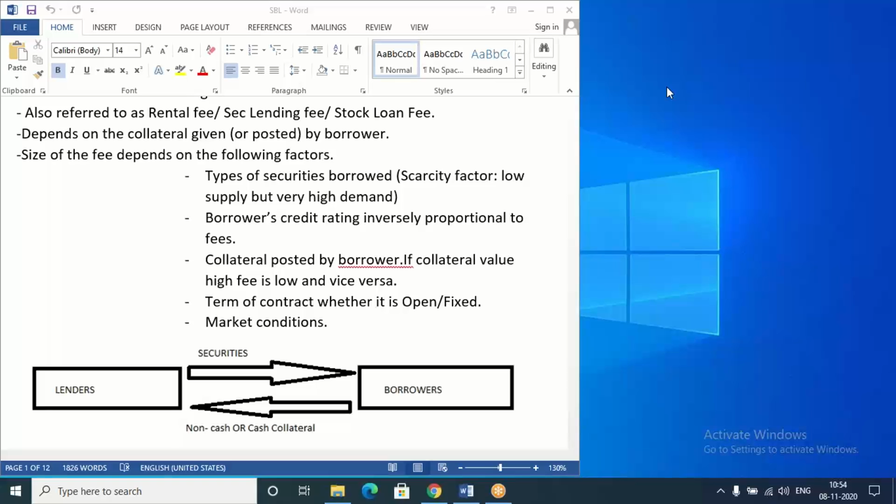Right now we're looking at it from the lender's perspective. One benefit for him is he's getting a rental fee. Don't you think that would be equivalent to getting a dividend on the security? No. A little later in class, I'll show you how the rental fee is calculated. Okay, thank you. No problem.